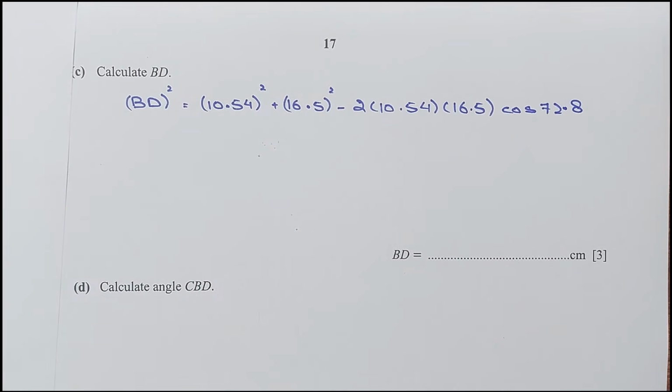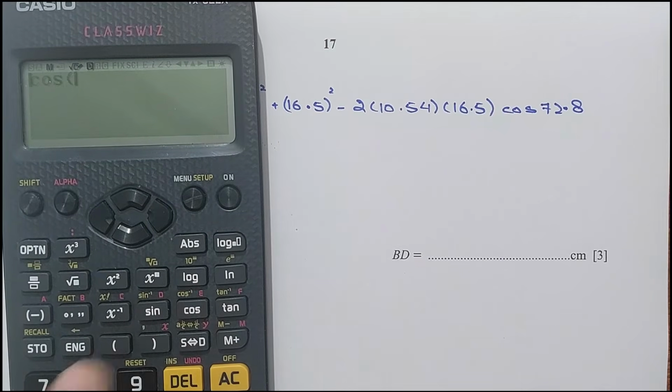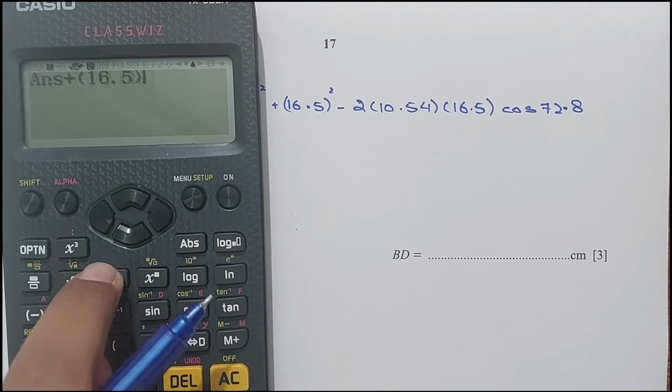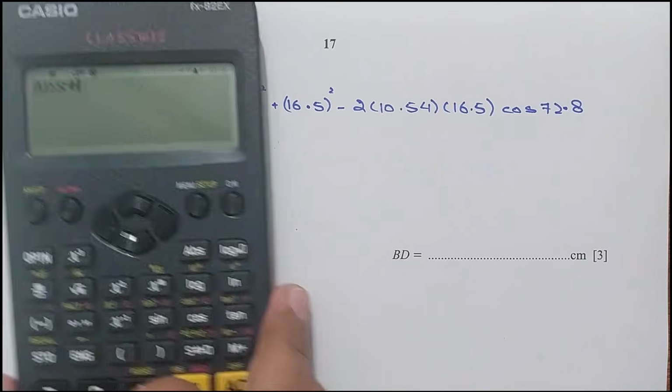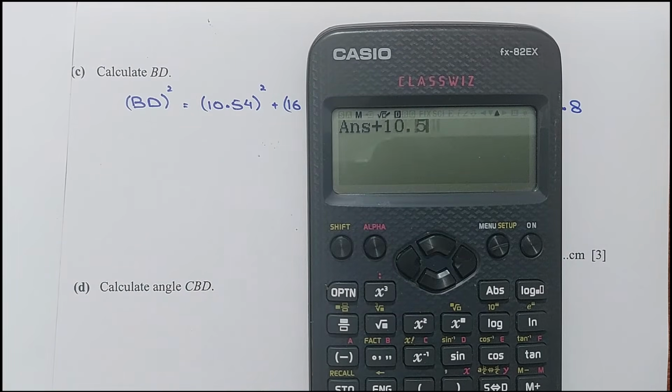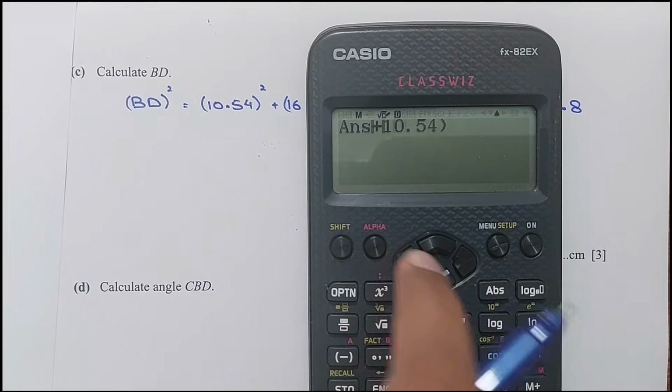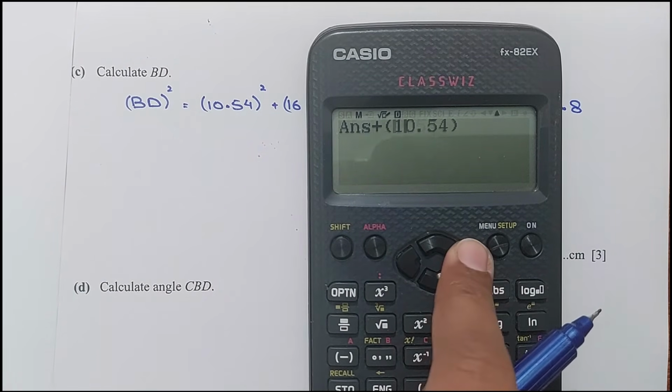Right, simplify. Cos 72.8 times 16.5 times 10.54 times negative 2, add 16.5 squared and add 10.54 squared.